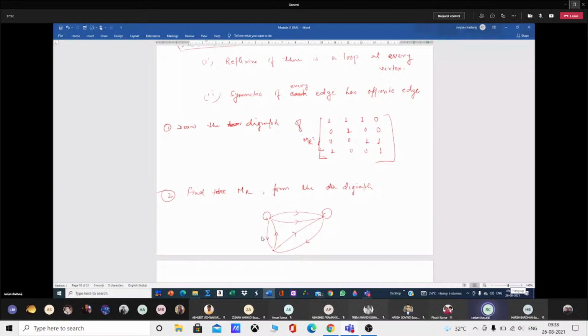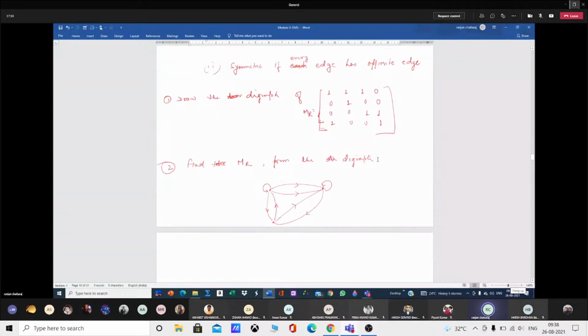Can anybody present this? And by the way, I am drawing this diagram. Okay, solve it.